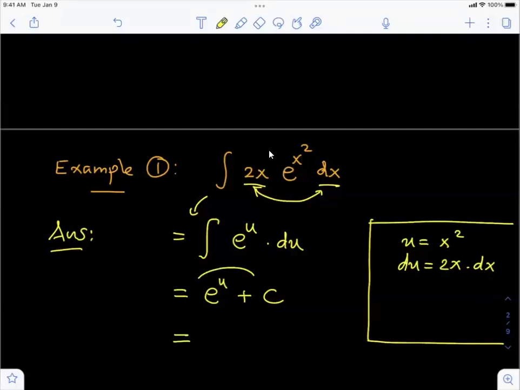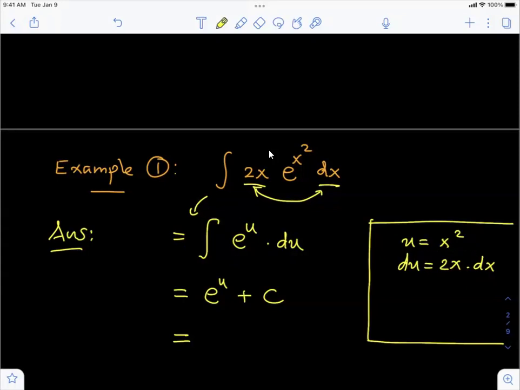Now don't leave the answer like this even if you're done with the integration process. Here you're done with the integration process because there is no integral anymore. You found the answer. But do not leave the answer in terms of u. Replace it back to the original variable because we are the ones who introduced this variable u.